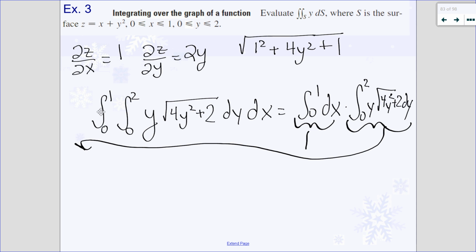So it looks like this is like a u to the half du situation. So I'm going to call this 8 because du is 8y, and then throw the 1/8 on the outside. So it's u to the 1/2 du. So what I get when I do that integral is 1/8 of 4y squared plus 2. I have to bump up the power to 3/2 and then divide by 3/2, so that's multiplying by 2/3, and then evaluate that from 0 to 2.